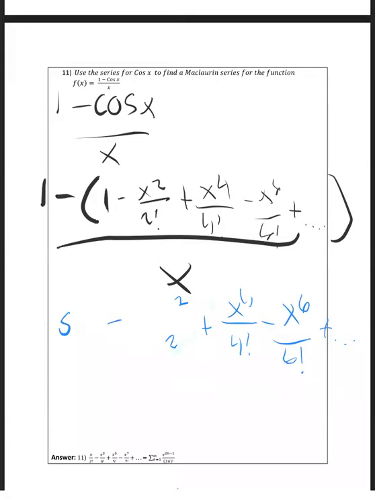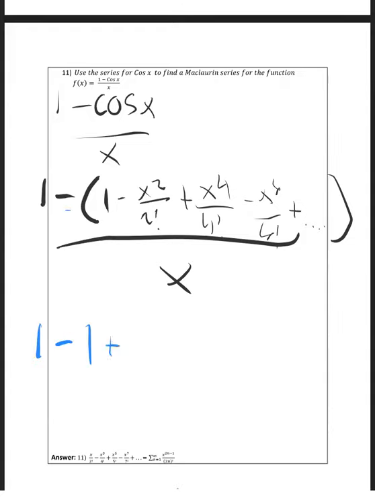Let me erase this because we've already used it. Notice how when you do a 1 minus this, you're just changing a few of the terms. We're going to flip the sign for all of them because it's 1 minus. So it's 1 minus 1 plus x squared over 2 factorial. We're distributing it to each term. Does that make sense?